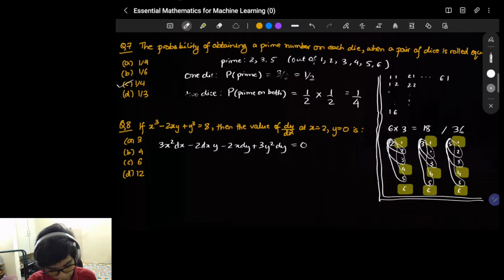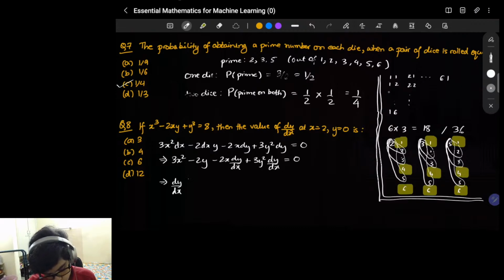Now let us divide throughout by dx. So that would give 3x squared minus 2y minus 2x dy by dx plus 3y squared dy by dx is equal to 0. Now we can take dy by dx common from two terms.